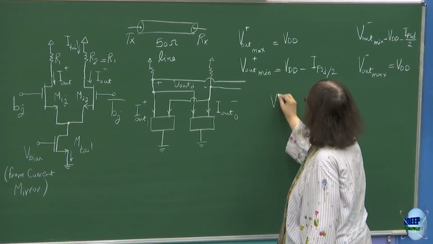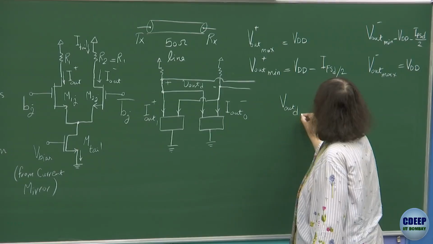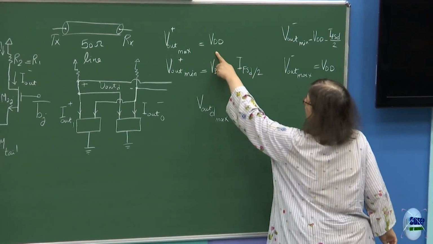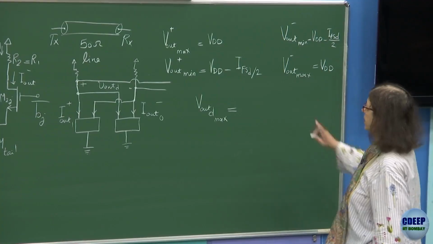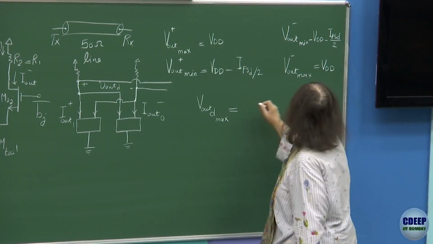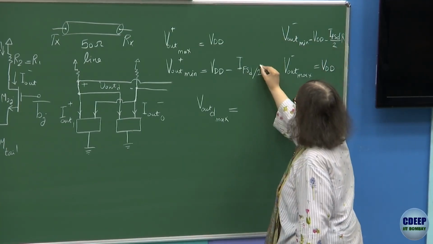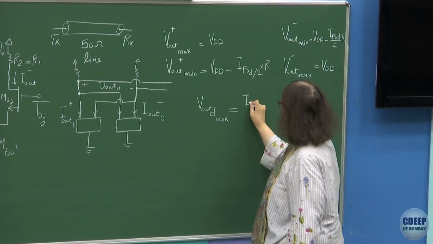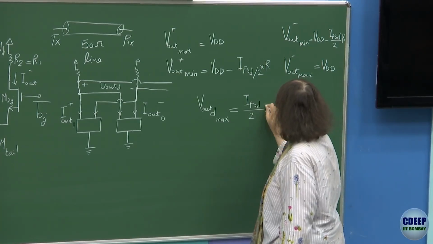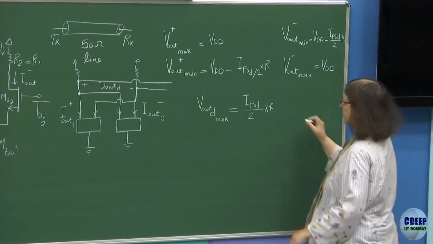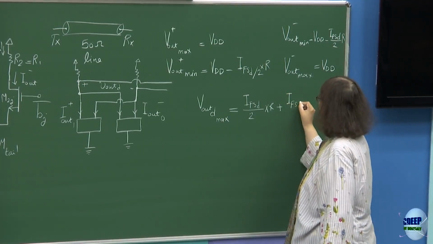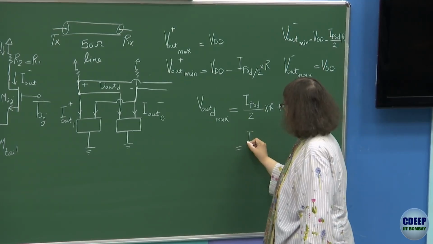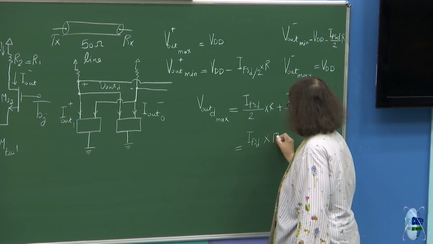So therefore, V out D max will happen when we have the plus output, my single-ended plus side, at VDD, and this side multiplied by R. So max will be I full scale D divided by 2 multiplied by R minus minus, which will be plus I full scale D divided by 2 multiplied by R. So eventually it will give you I full scale differential multiplied by R. So this is the swing.